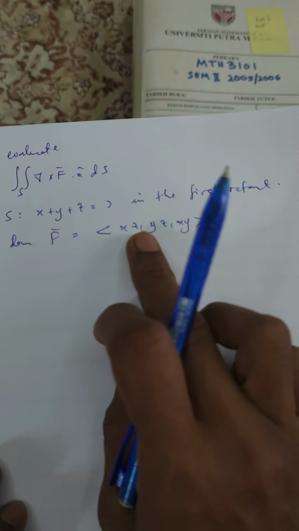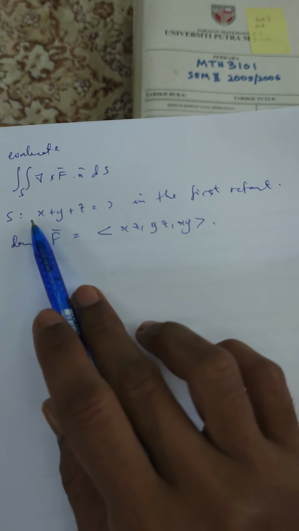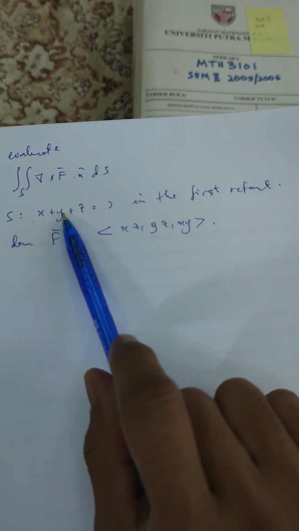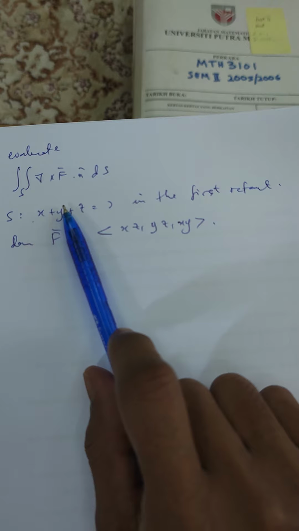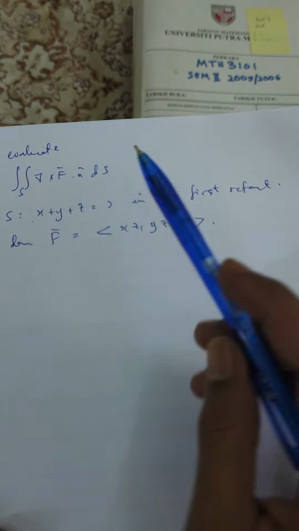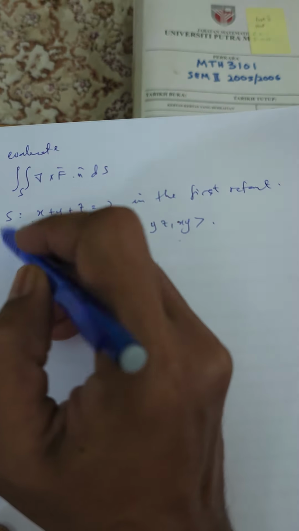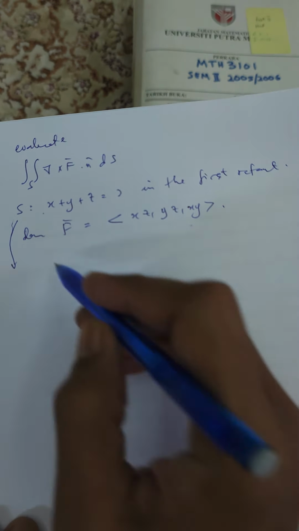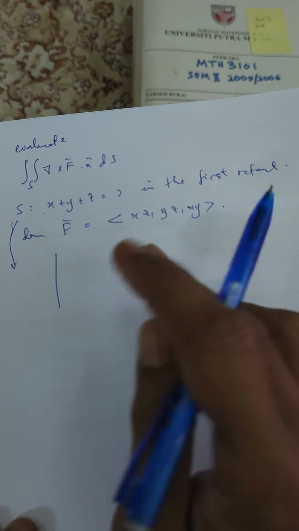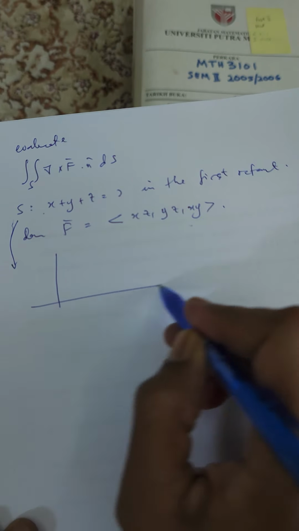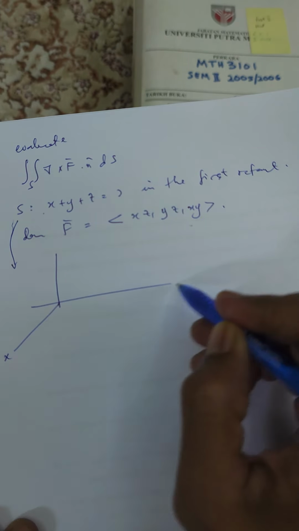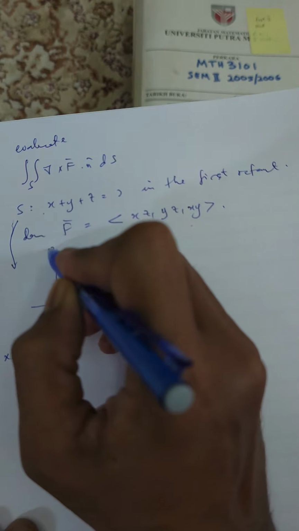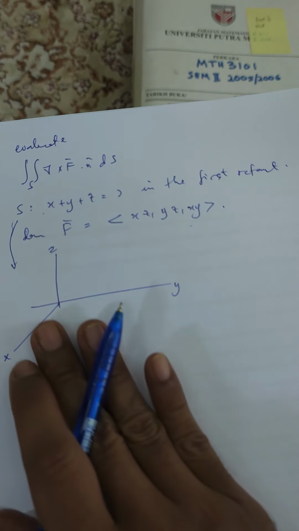If you sketch the surface S, that will help us find the limits of integration later on. It is not difficult to sketch this: x, y, and z, in the first octant, meaning this part here.